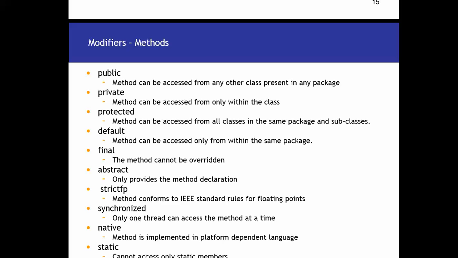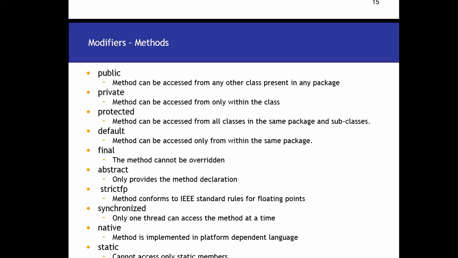Let us take an example. There are two methods in a class called x, a and b. Suppose I declared the method a as final.